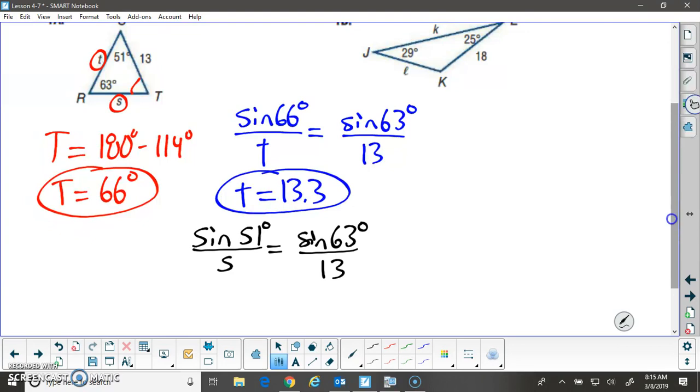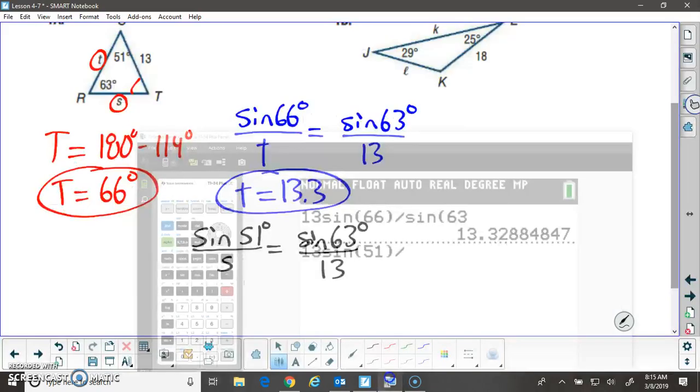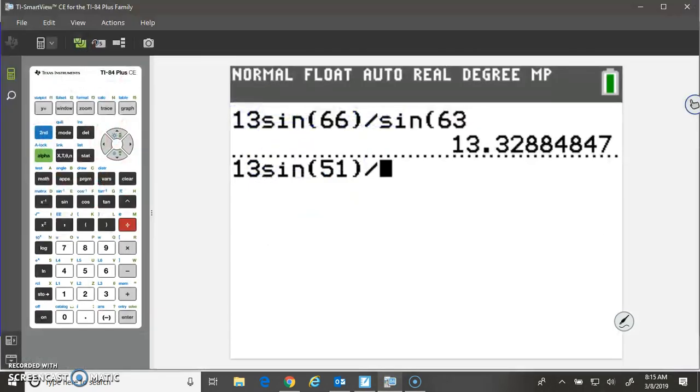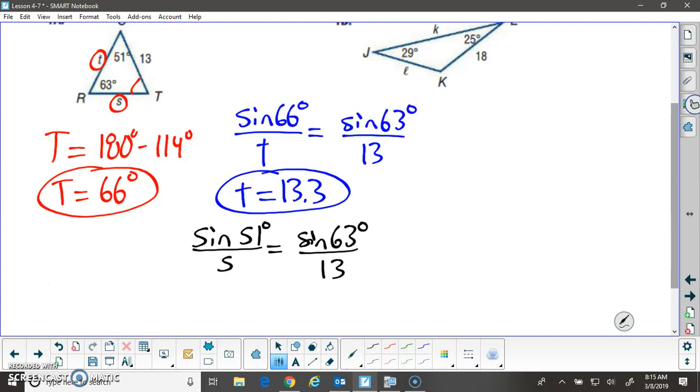So now to solve this for length S, we'll take 13 times the sine of 51, and then we'll divide by the sine of 63. And that gives us about 11.3. So that's using the law of sines to find the two missing side lengths and the missing angle.